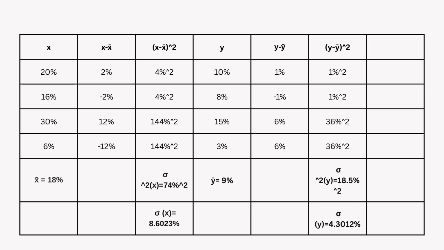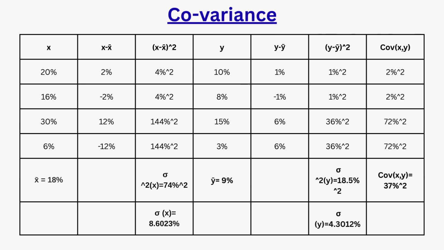We will first find the expected returns, then we will find the variance of the company, and lastly, the standard deviation. Now in this process, we will add one more column for covariance of the company. This is the average risk when both the shares are combined or taken together.